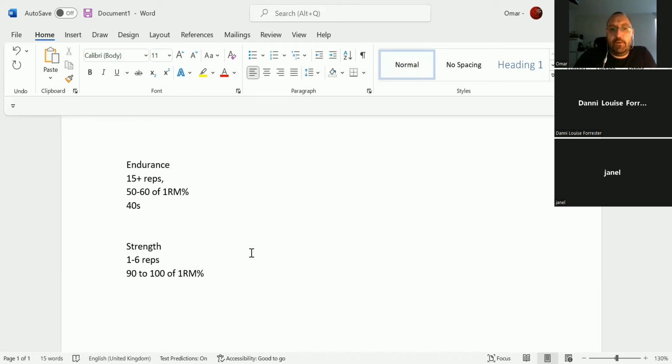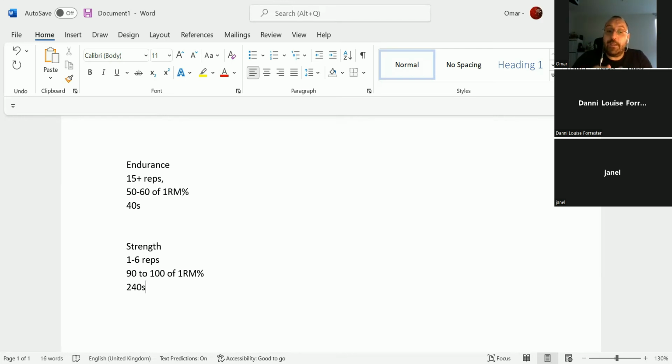And you will give them a lot of rest because they're lifting really heavy. They can only do it 1-2 times, right? So you probably do 240 seconds or 180 seconds, which is about 3 minutes. Okay, 3-4 minutes rest.